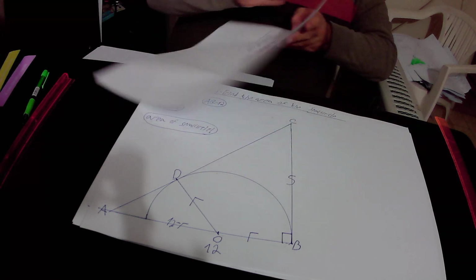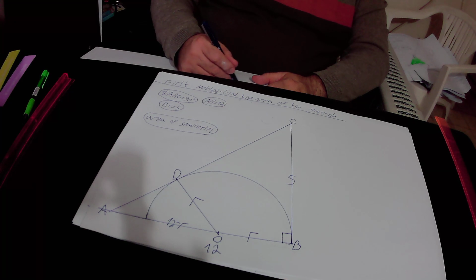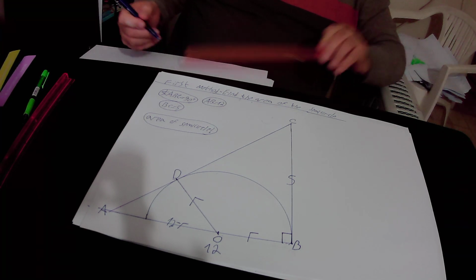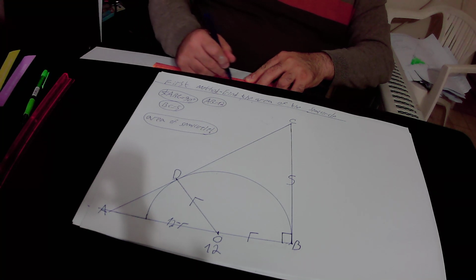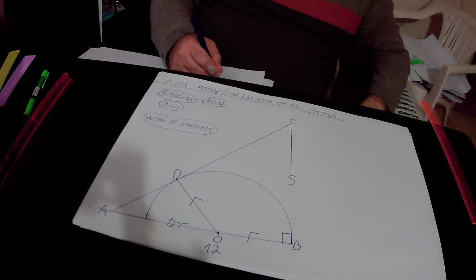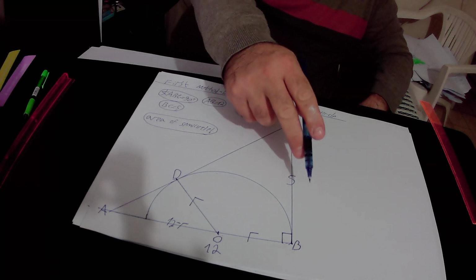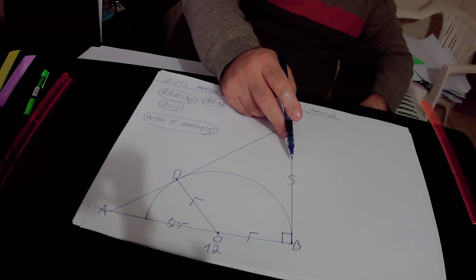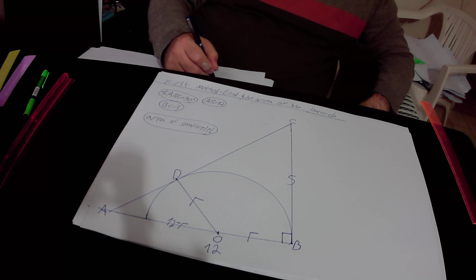So actually, CA squared equals CB squared. CB equals 5 units. It is given to us in the question. So CB squared is 5 squared. 5 squared is 25.